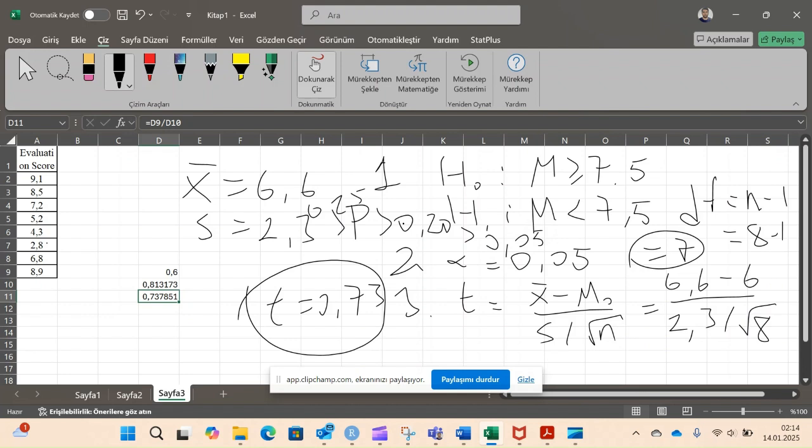As the p-value is not less than 0.05, we cannot reject the null hypothesis. We say that the mean, which is 6.6, is not significantly less than 7.5. So we cannot reject the null hypothesis in this example.